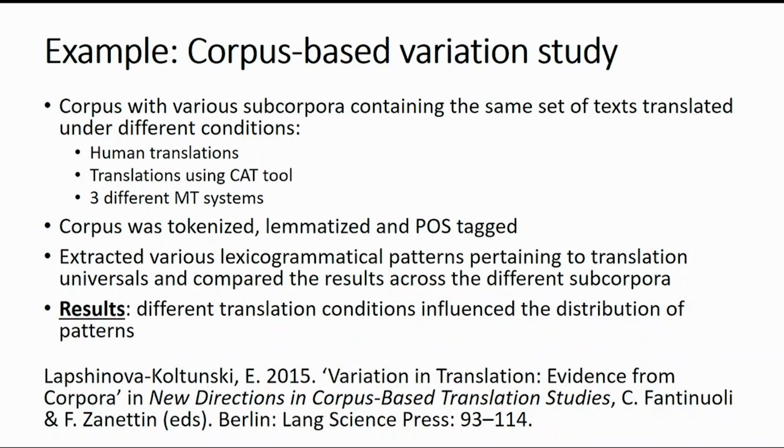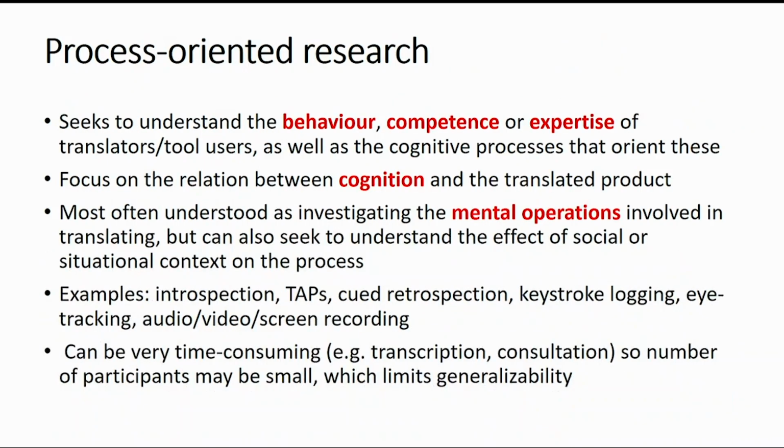So this was really looking at the product, the output in a corpus-based analysis context. And again, they found that yes, the translation conditions, the different technologies or the absence of technology can influence the types of patterns that are showing up in the text. So those were some examples of product-based studies.